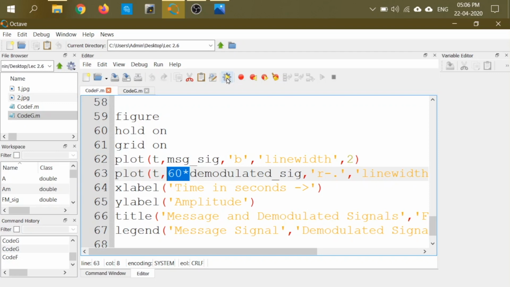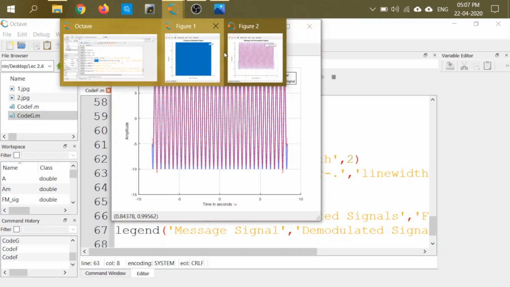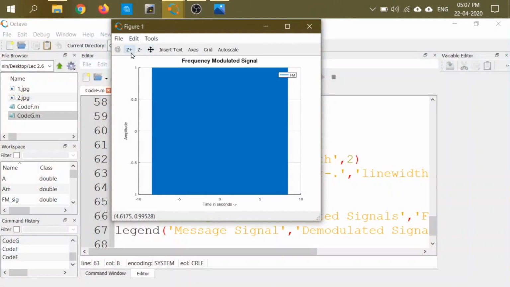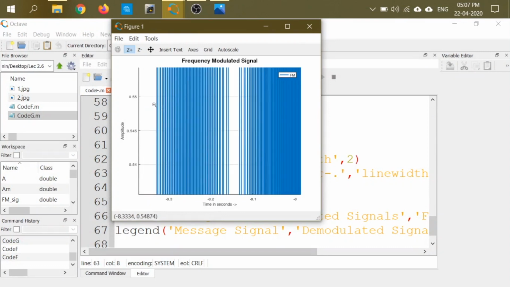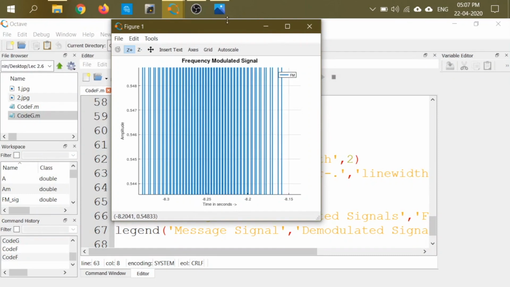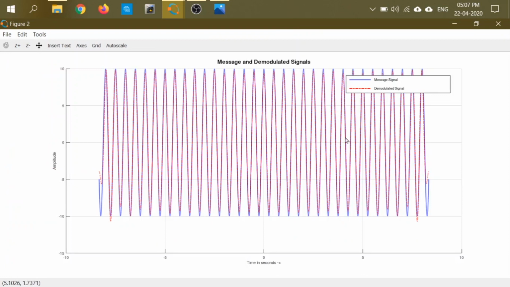So if you run this code now, you can see the output here again. Your FM signal was this, which I have already shown by zooming here. You can zoom into some portion and see for yourself that it looks like a perfect FM signal. Then in the second graph, both of the signals match perfectly. The blue signal, the message signal, is the signal that was actually sent, and the red signal is the demodulated version which we obtained after differentiation and then envelope detection.